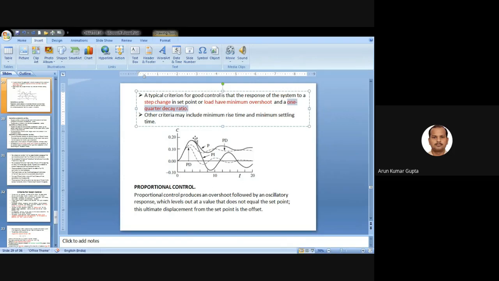Now, looking at all these graph pictures, we can say a few things about the controllers. Let me take the proportional controller first. A proportional controller produces an overshoot followed by an oscillatory response, which levels out at a value that does not equal the set point. So ultimately we have the offset.